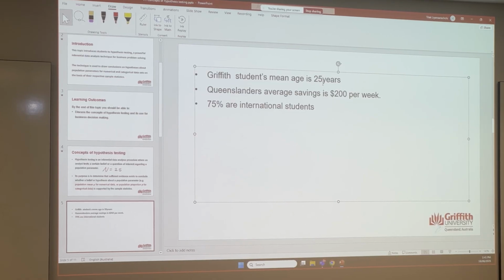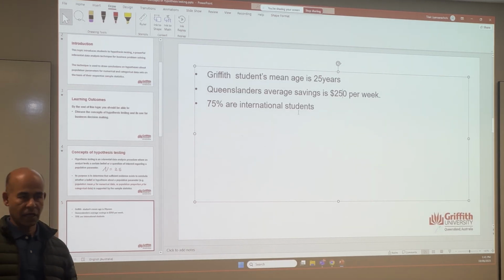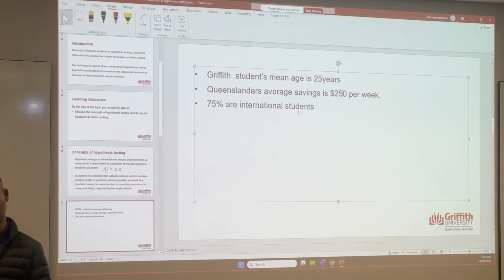Someone can say Queensland's average savings per week is not 200, it's 250. That's another value, no problem. You can test anyway. The first two are about the population mean. The last one is about proportion. Another example for proportion.